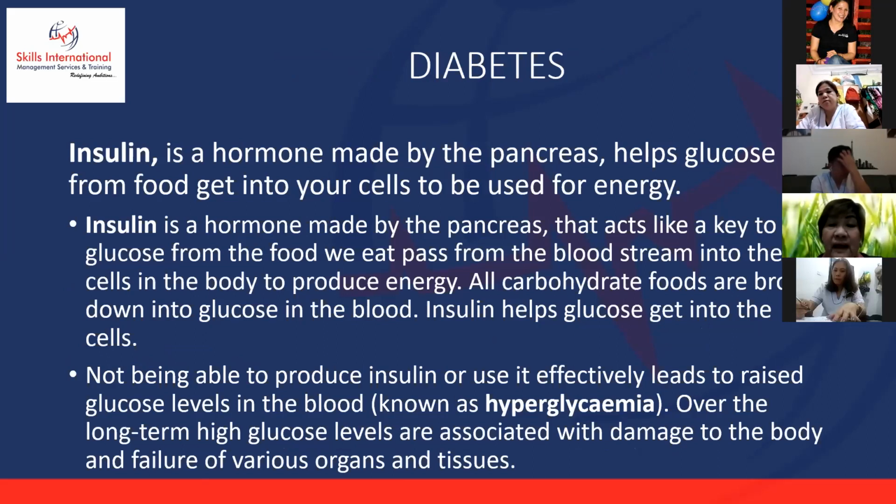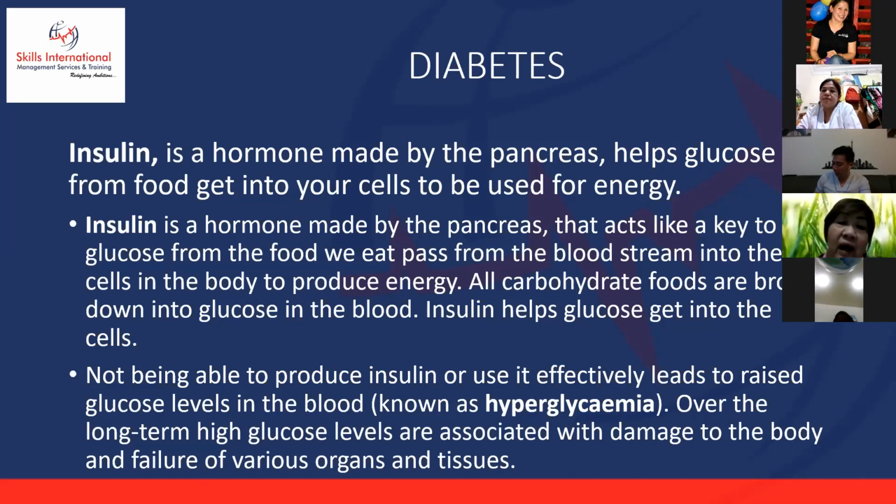Insulin, as a hormone, acts like a key to let glucose from the food we eat pass from the bloodstream into the cells, into the body, to produce energy. All carbohydrate foods are broken down into glucose in the blood, and insulin helps glucose get into the cells.